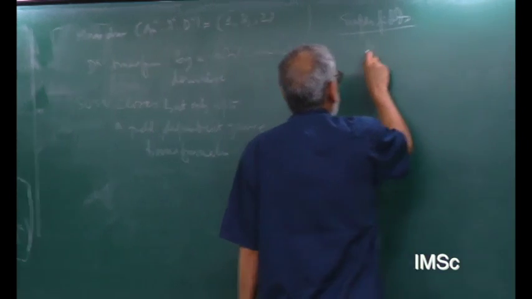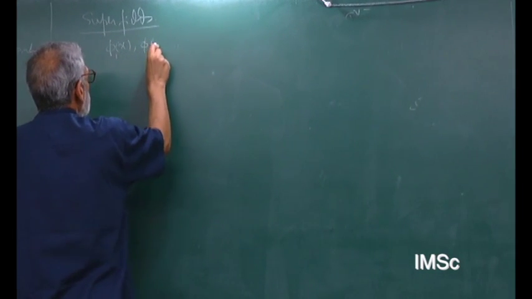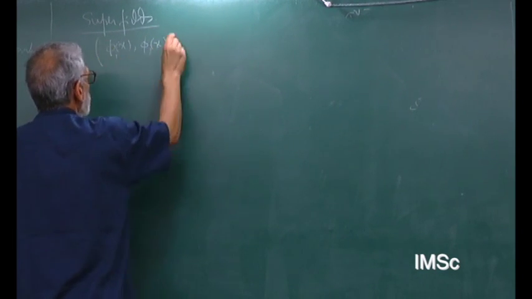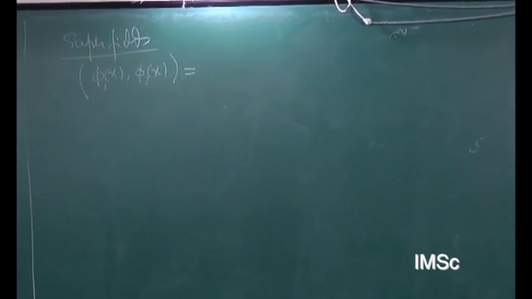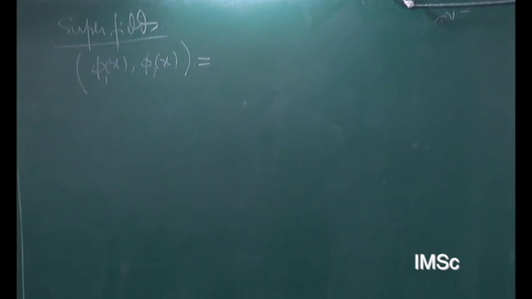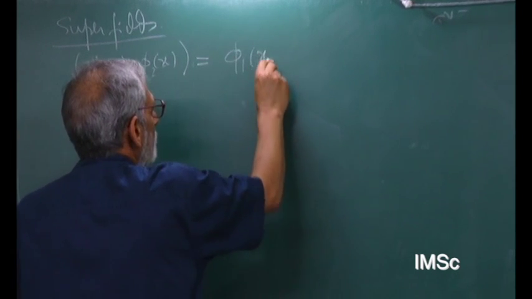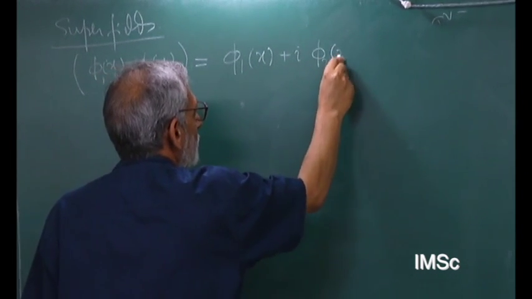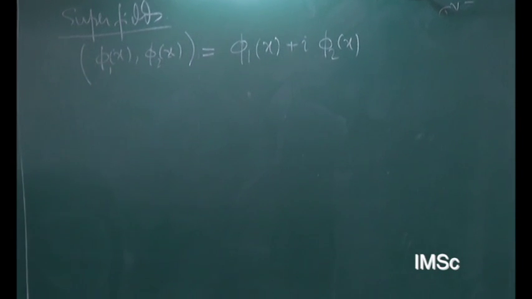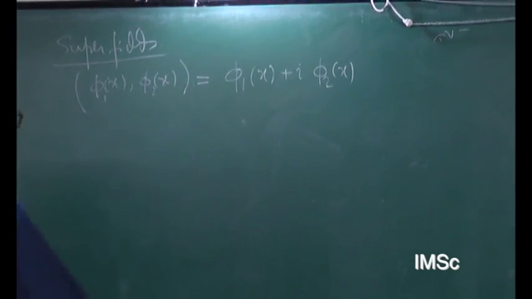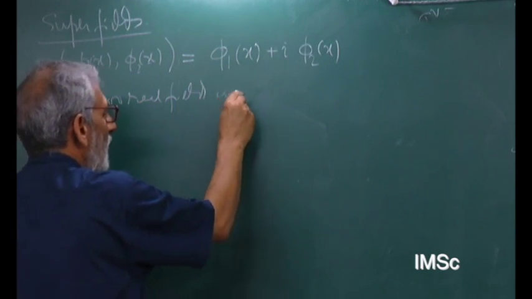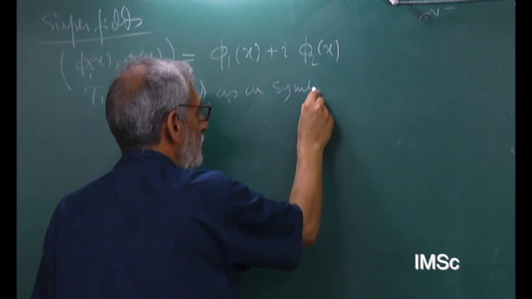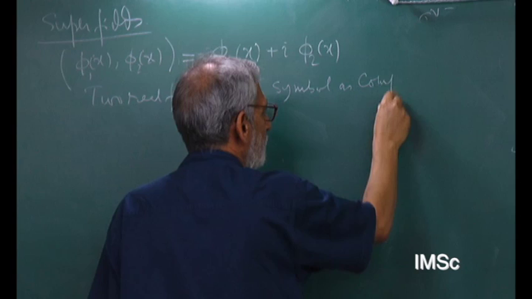We take two real scalar fields, phi 1 and phi 2, and write them collectively, a pair of fields, by one symbol, by writing them as a complex field.